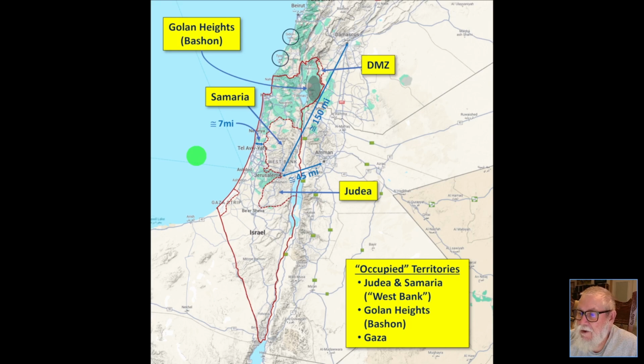Egypt did not say it was part of Egypt, and neither did any other nation, but they did say that it wasn't part of Israel, and so it was controlled by the Arab League. And then, as I said, in 1967, the Israelis took the Gaza Strip, the West Bank, and the Golan Heights. But in the meantime, they've given back control of the West Bank, or Judea and Samaria, and the Gaza Strip back to the Palestinian Authority. But they have not given back control of the Golan Heights, and there's a good reason for that.